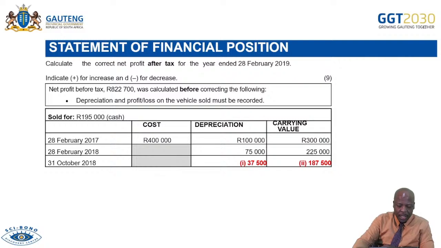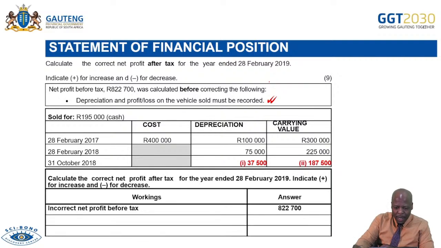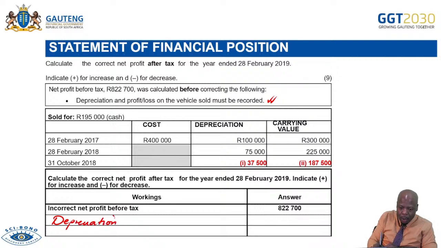Okay, let's come on to the next adjustment. Depreciation and profit and loss on the vehicle must be recorded. We have already calculated depreciation. So what we're going to do is record that depreciation. We have an expense for depreciation which was not recorded, and I'm going to bring it in brackets now. That's my 37,500, an expense that was not yet recorded.